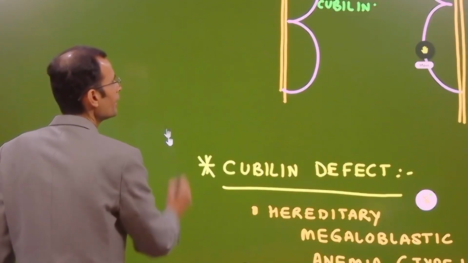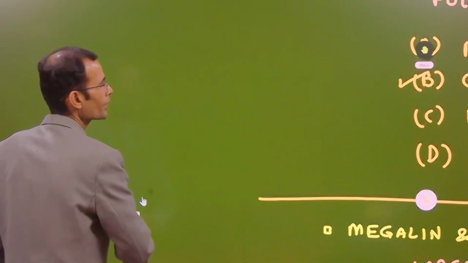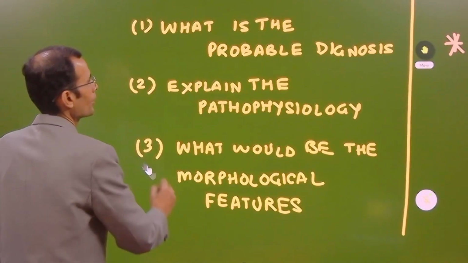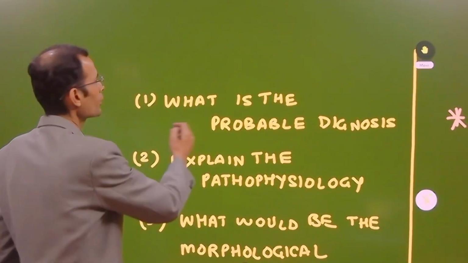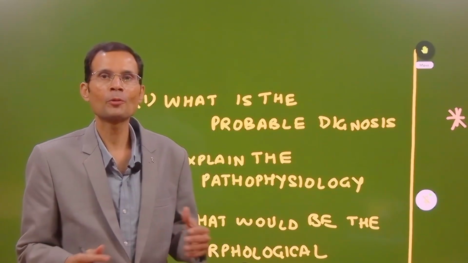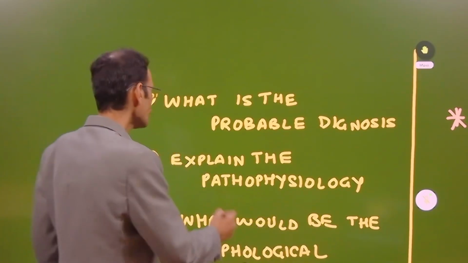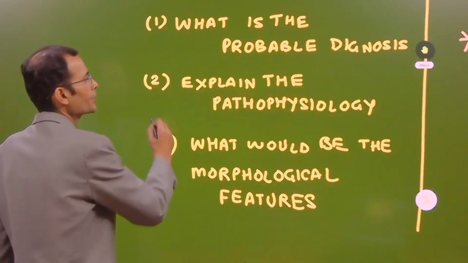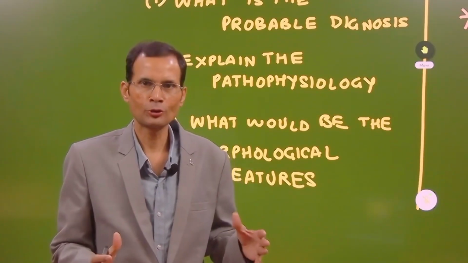Now, that being said, it becomes easy once you have diagnosed the condition, once you know what exactly has happened. Now, I am talking for the first prof students. What is the probable diagnosis? Megaloblastic anemia, or to be more precise, hereditary megaloblastic anemia type 1, and explain the pathophysiology. So, you have to discuss the entire pathophysiology.